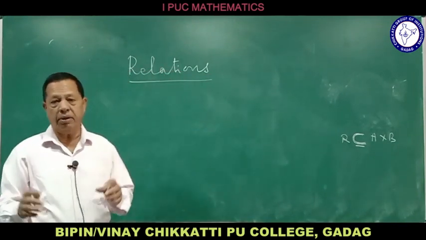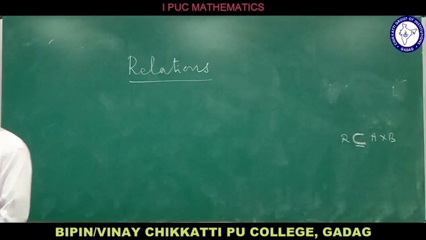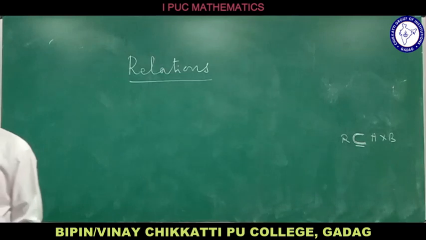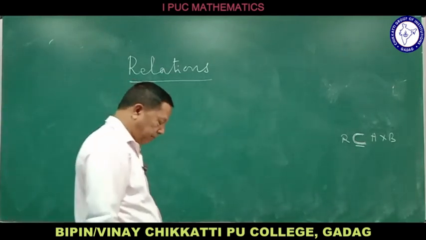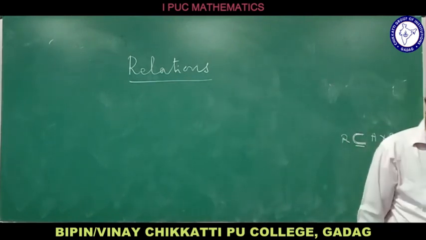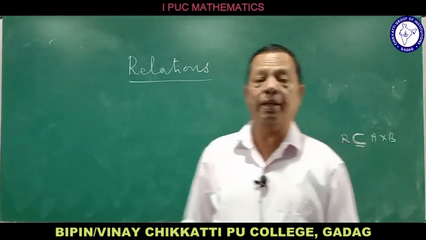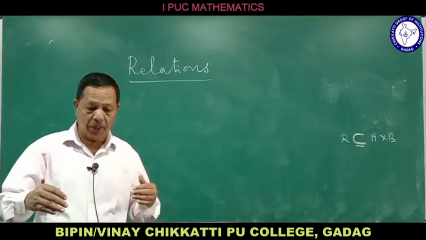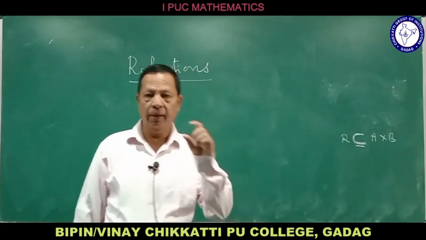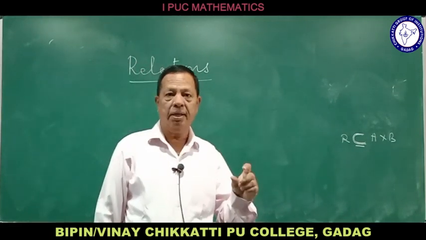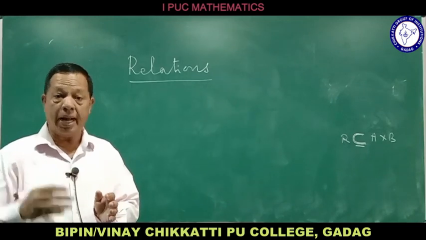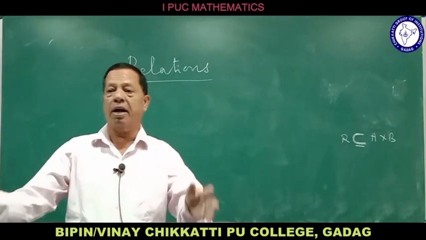The word subset is derived for describing the relationship between the first element and the second element in the ordered pair. So the word subset is derived for describing the relationship between the first element and the second element of the ordered pairs of A cross B, the Cartesian product.